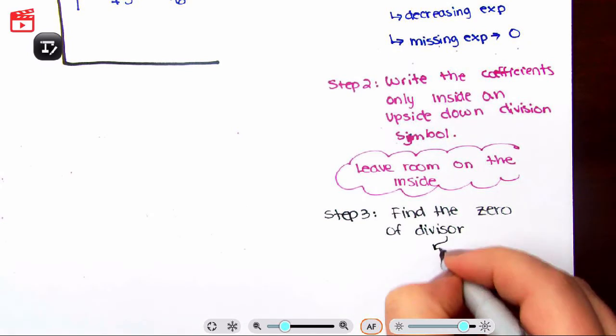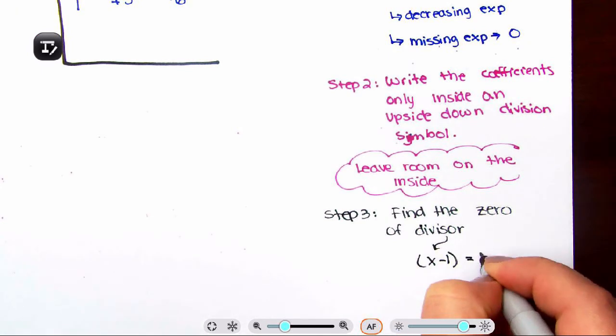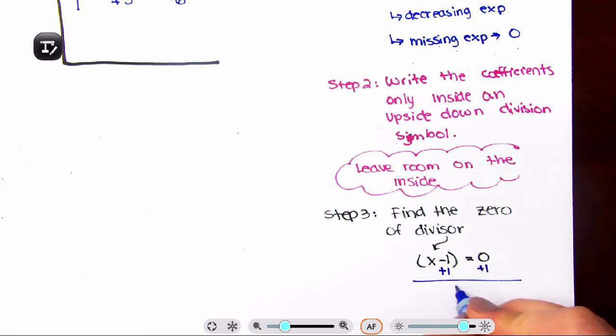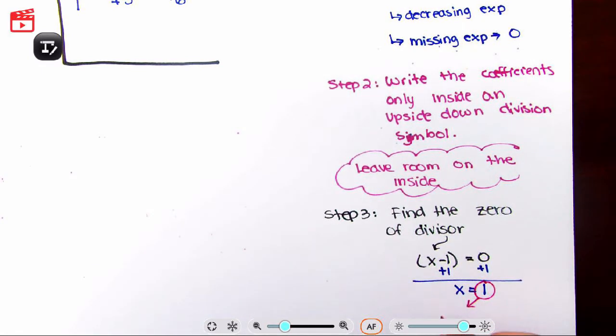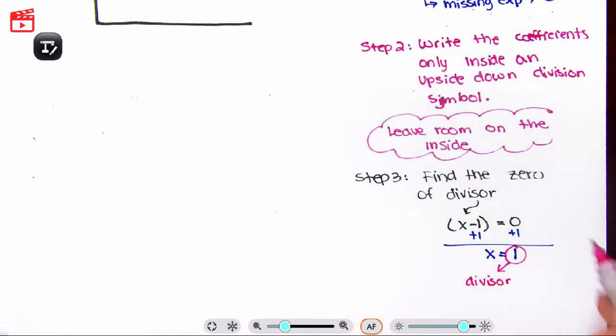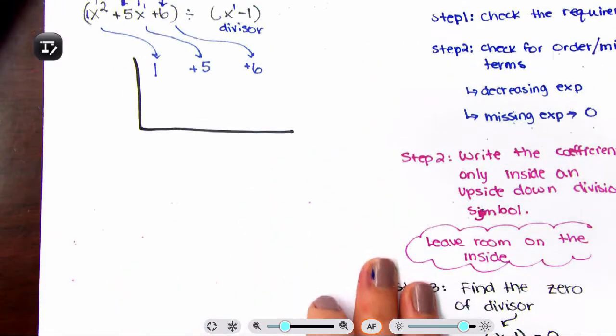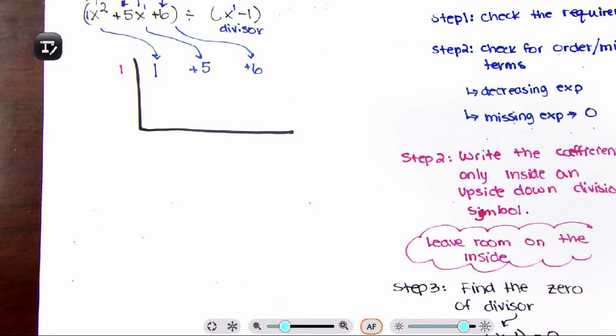For example, if our divisor is x minus 1, I'm going to set that equal to 0 and solve. X is equal to 1, and that is going to be your divisor for your synthetic division. So this is where the 1 came from. Your 1 comes from finding out your 0. This is your 0.